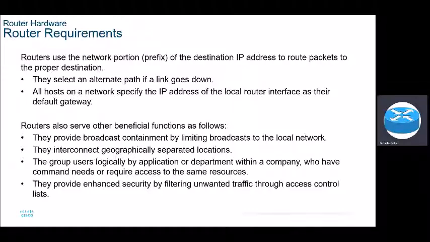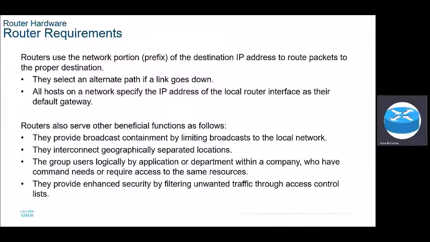All right, router hardware. Routers use the network portion of the IP address to route packets to the proper destination. They select an alternate path if a link goes down. All hosts on a network specify the IP address of the local router interface as their default gateway. Routers also serve other beneficial functions as follows. They provide broadcast containment by limiting broadcasts to the local network. They don't forward broadcasts, in other words.